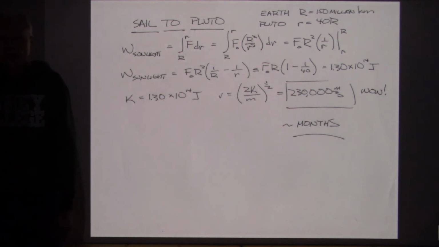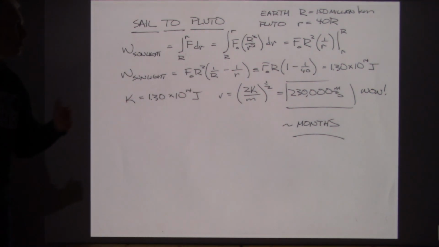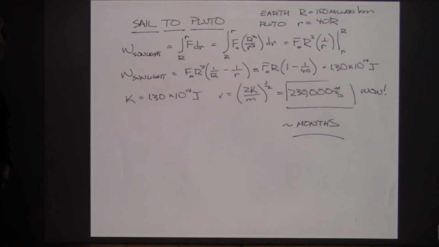Okay, and if you run the numbers, I'm not showing all the details here, we could be at Pluto in a matter of months. So starting out with these very modest accelerations, but keeping the acceleration going non-stop, you actually pick up some pretty good speeds, and you can move yourself through the solar system pretty quickly.